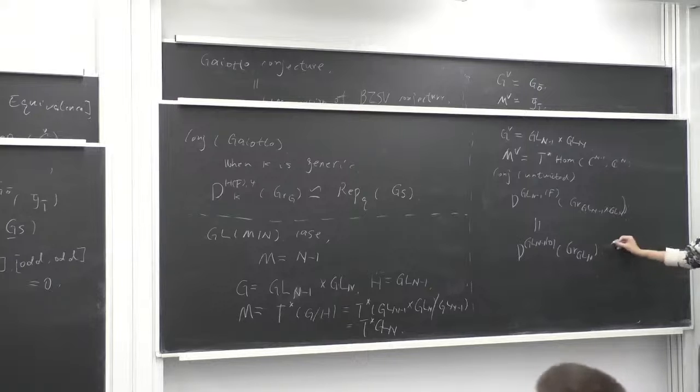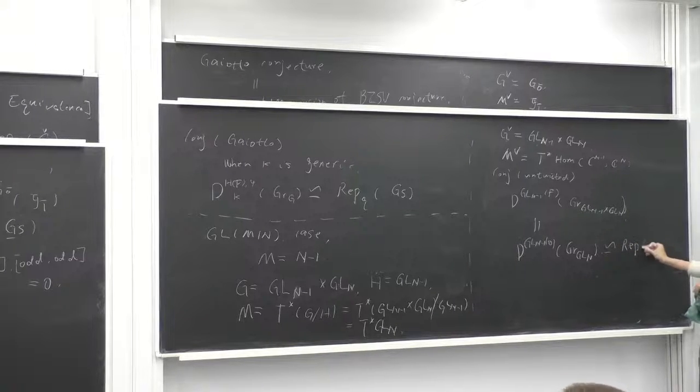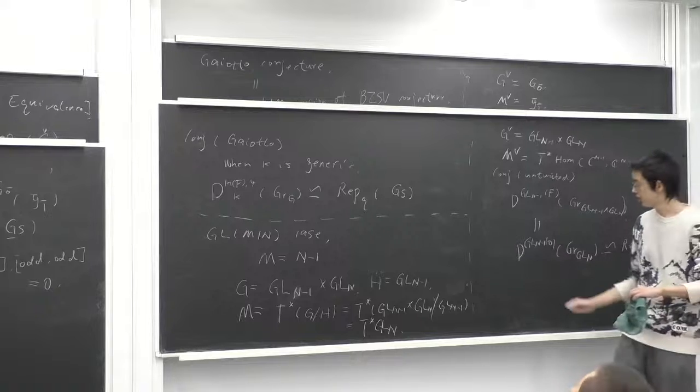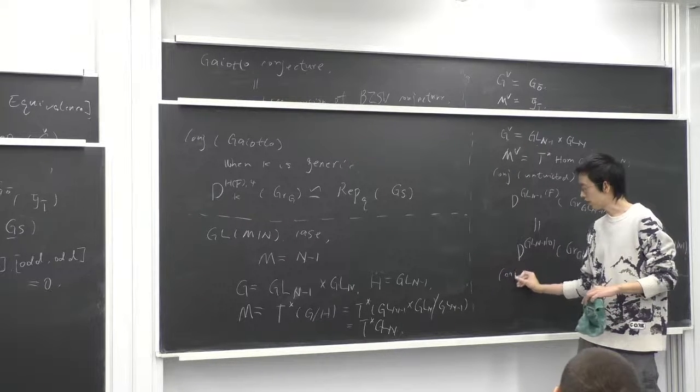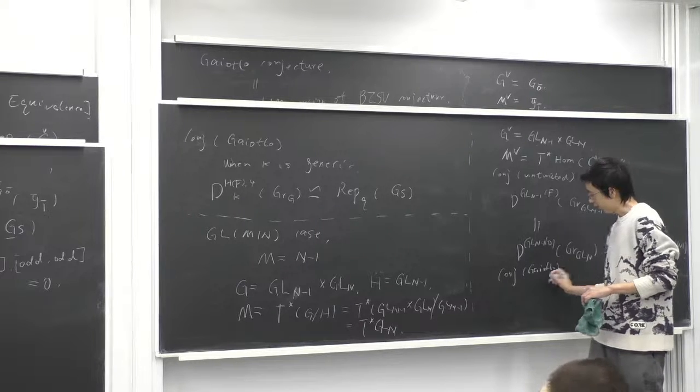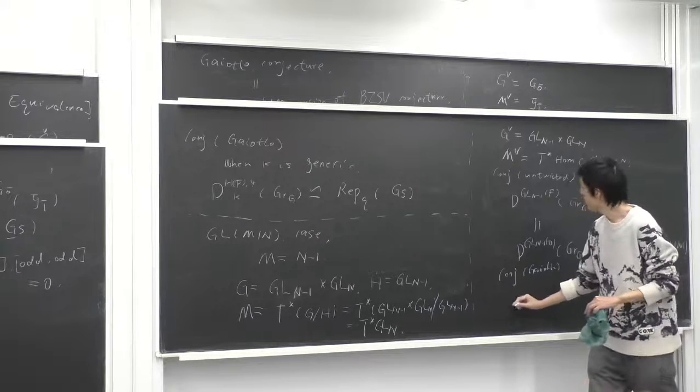And the right-hand side is just the category of representations of the degenerate supergroup associated with GL(n-1|n). So that is the untwisted case. For the twisted case, the Gaiotto conjecture says the following.